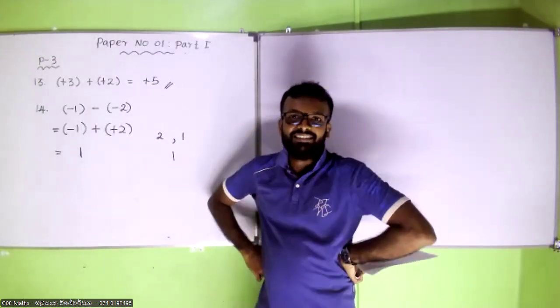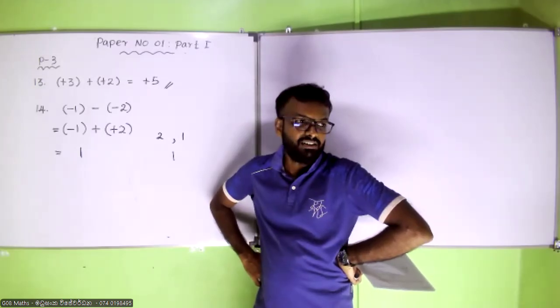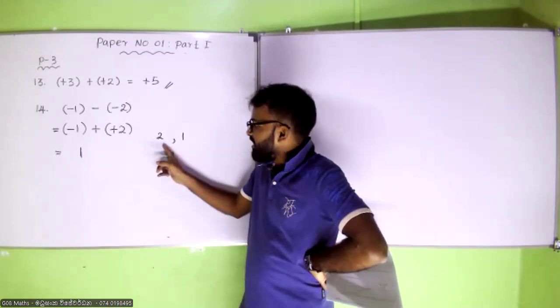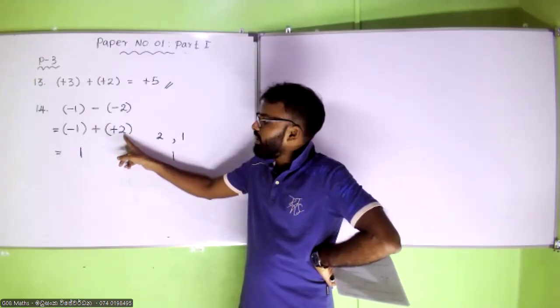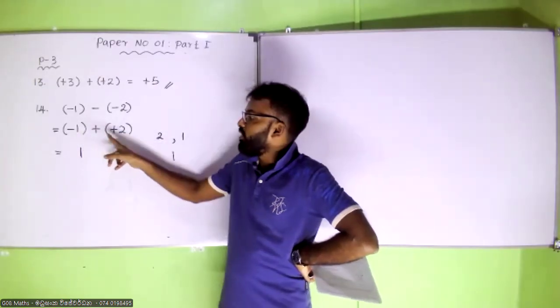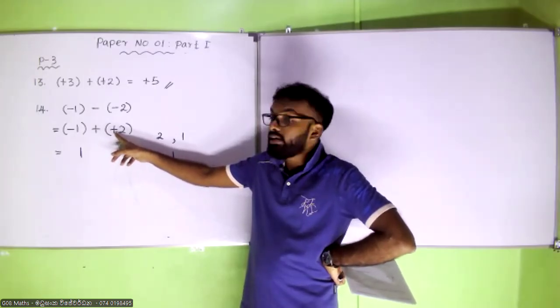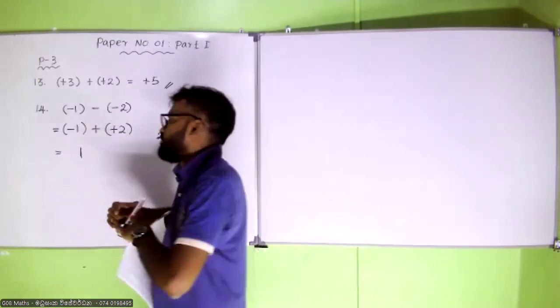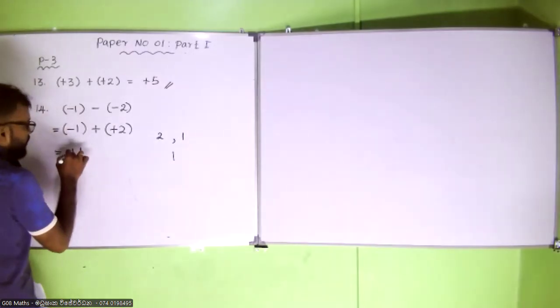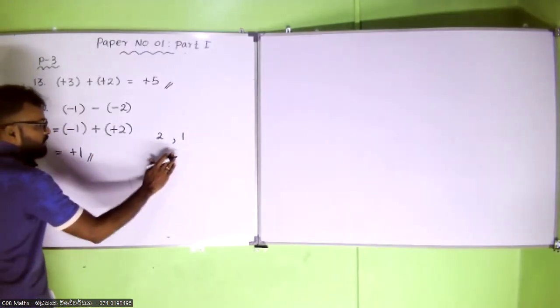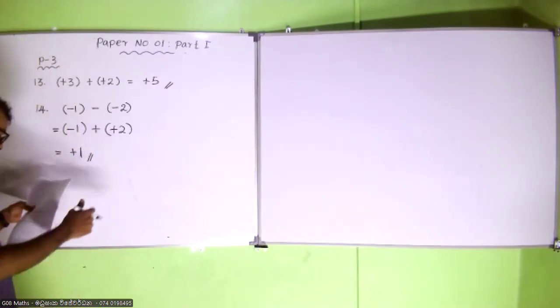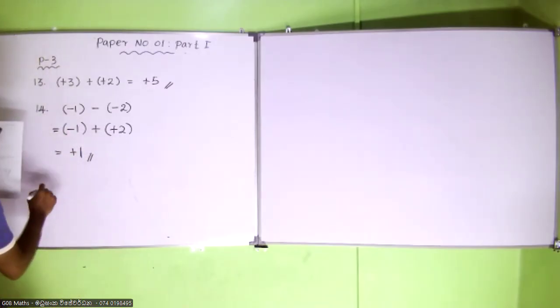Positive 2. The largest number is 2 when compared with 1, and the sign of the largest number is positive. So your answer is positive. So this is positive 1. Right. Then the 15th one.